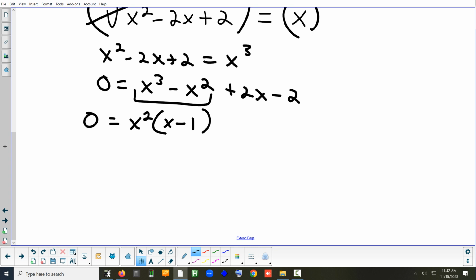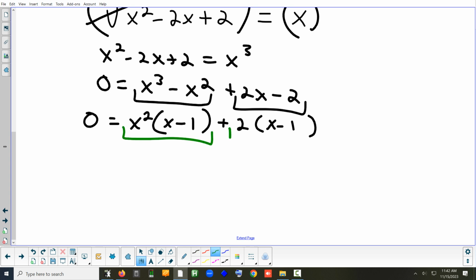Okay. What can we factor out of the second thing that I just put a bracket around? We can factor out a 2. And what would that leave you with? That also leaves you with x minus 1. That's perfect. That's what we needed to happen. Okay, now, what do that and that have in common?